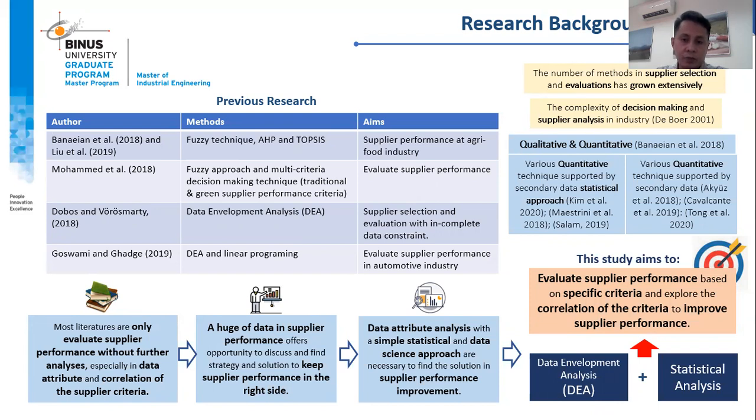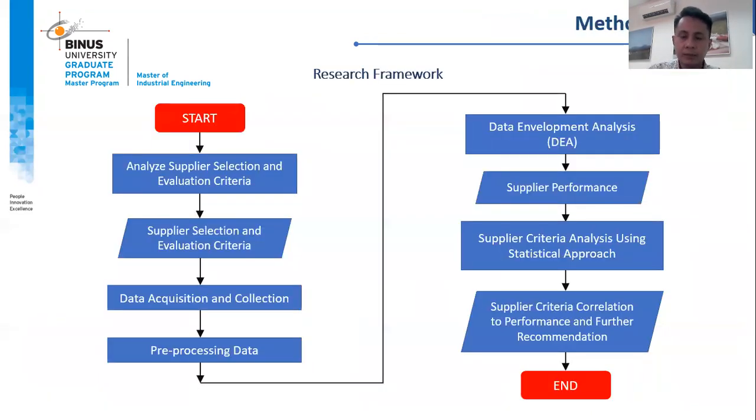This study aims to evaluate supplier performance based on specific criteria and explore the correlation of the criteria to improve supplier performance. This is the resulting framework. First, start, and then analyze supplier selection and evaluation criteria, then data acquisition and collection, and then pre-processing data.